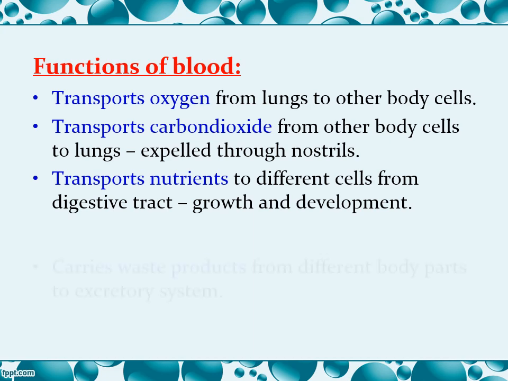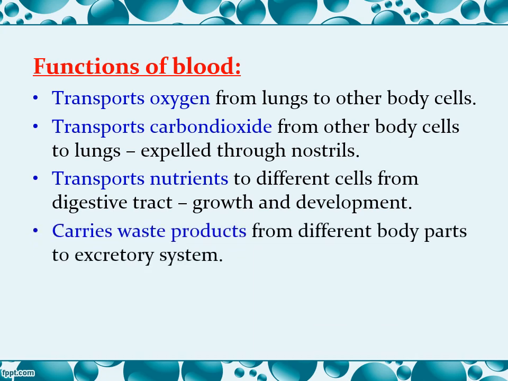The fourth function of the blood is it carries the waste products from different body parts and they are sent to the excretory system. So you have learnt about the digestive system. In the digestive system, the food particles are broken down and the remaining waste materials get accumulated in the different body parts. So all these different waste products have to be removed from the body.